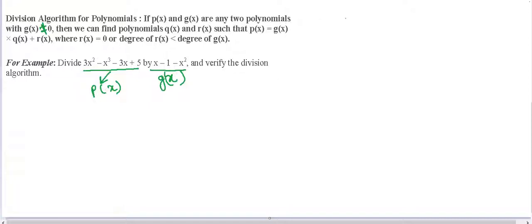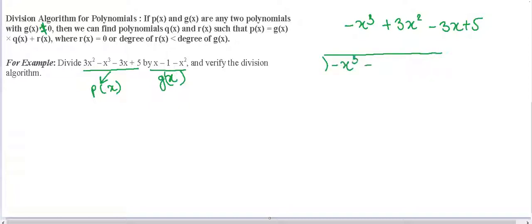So the descending order will be minus x cube, plus 3x square, minus 3x plus 5. So this is your descending order. Now you will divide it. You will write it as minus x cube plus 3x square minus 3x plus 5.